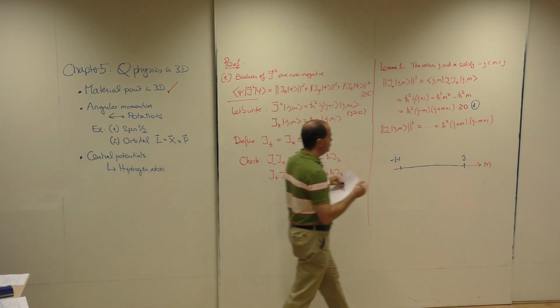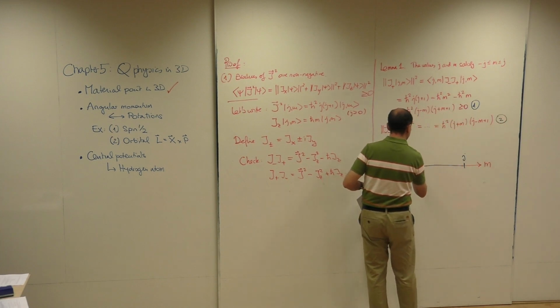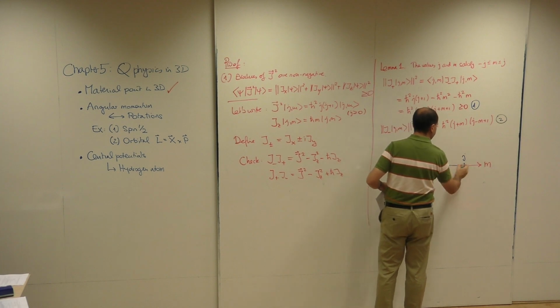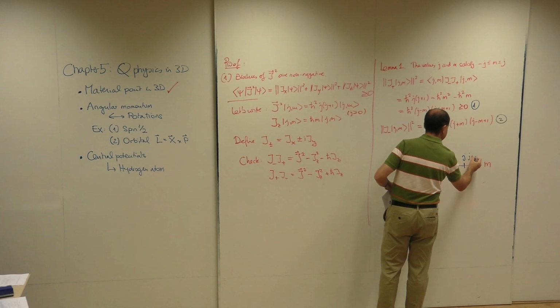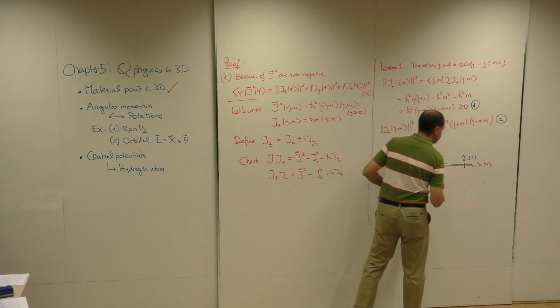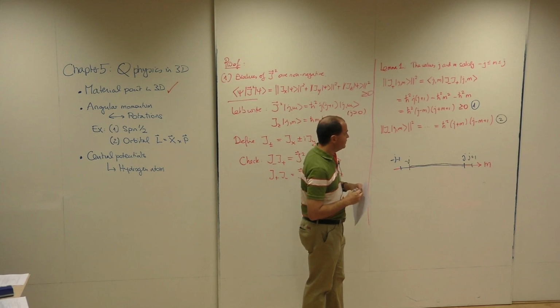In condition 2, this tells us that M must be larger than minus J, and must be smaller than J plus 1. So these are the possible values of M according to equation 2. Both equations must be satisfied.